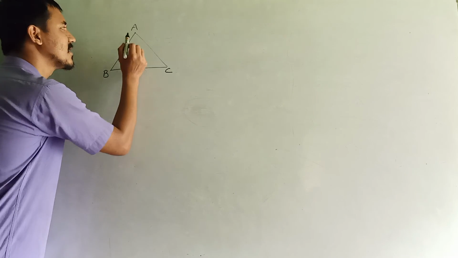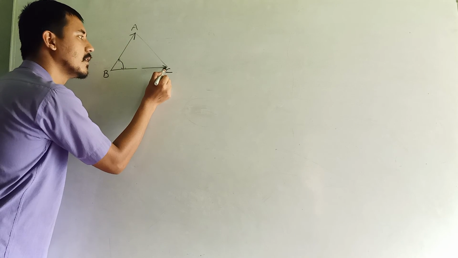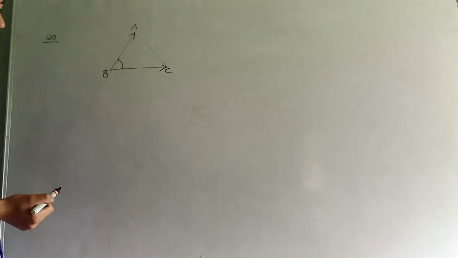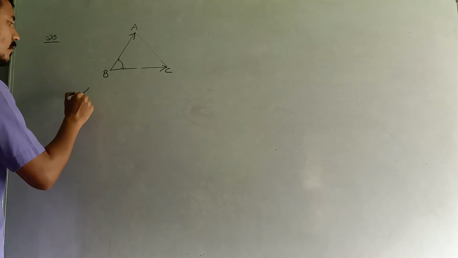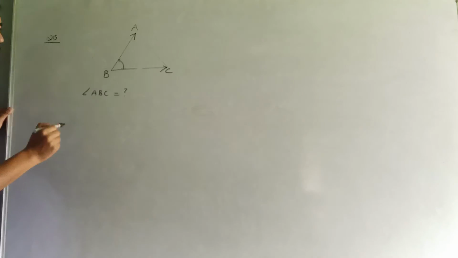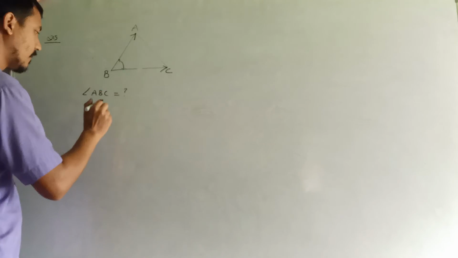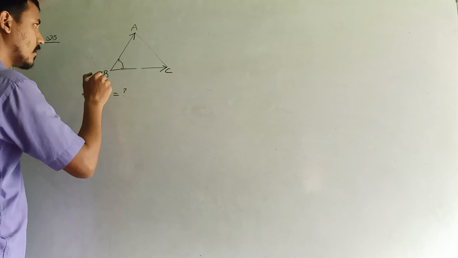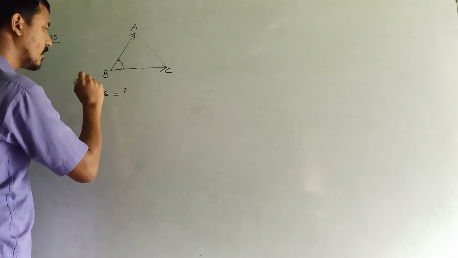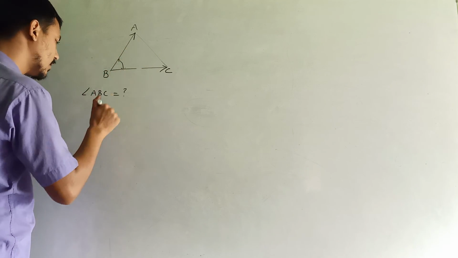So this angle is the angle between the vectors BA and BC. Is it okay? So in order to find out angle ABC, we need a definition. Angle ABC means the angle between vector BA and vector BC.